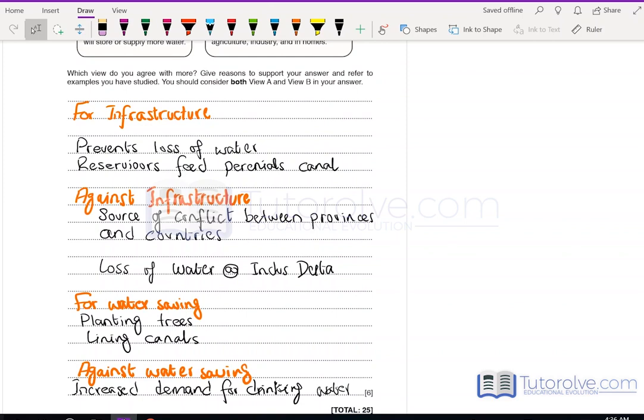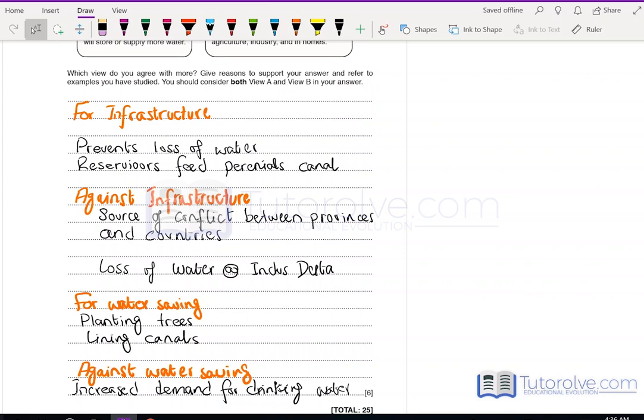Against building dams: infrastructure is a source of conflict between provinces and countries. Building a dam has always been a controversial point, such as building the Kalabagh Dam raises a problem for Sindh, whereas building dams near Punjab always strikes an issue with the neighboring India, because there are always conflicts over who has control of the river that flows from a certain point in the country.